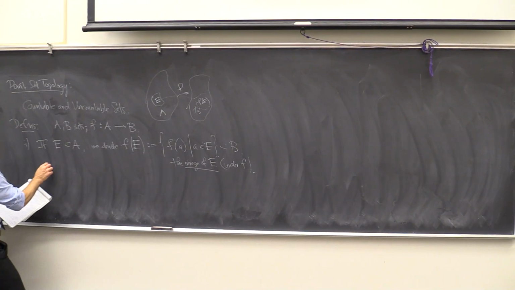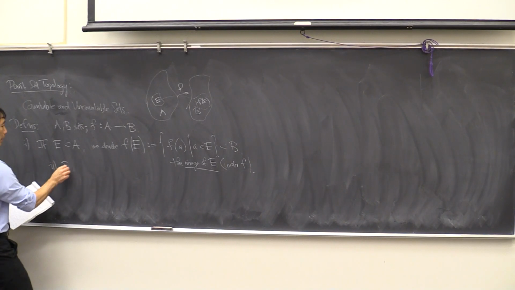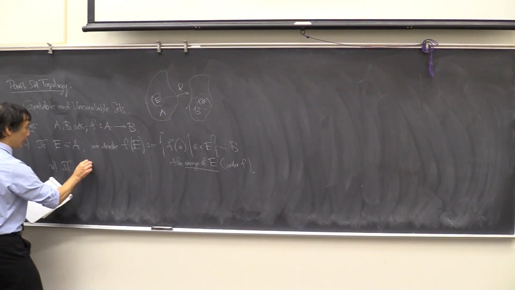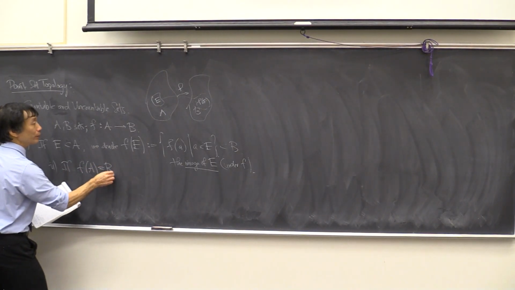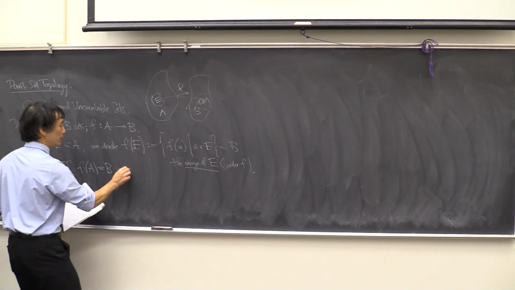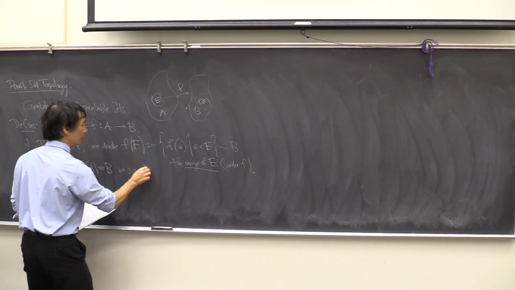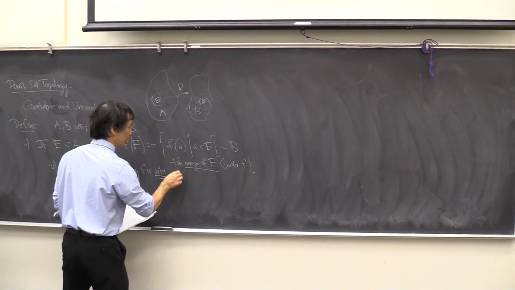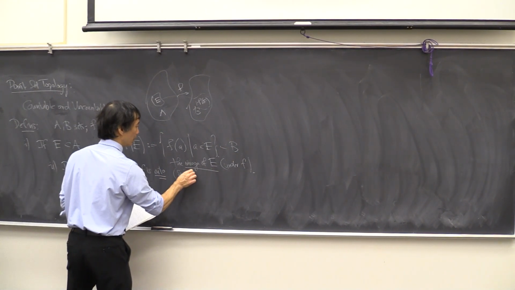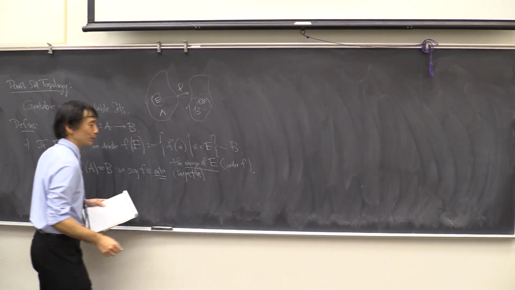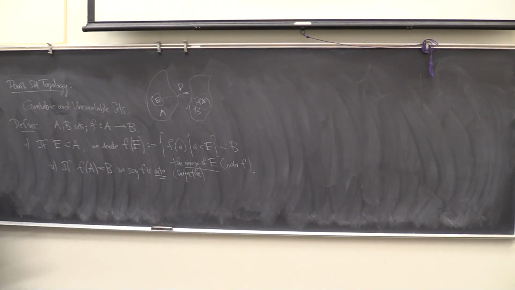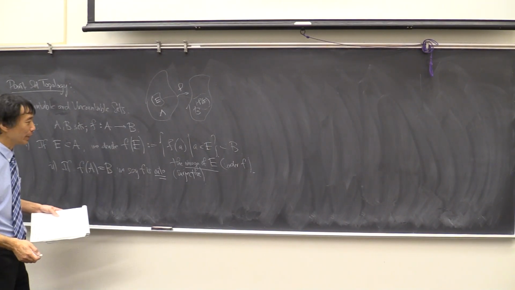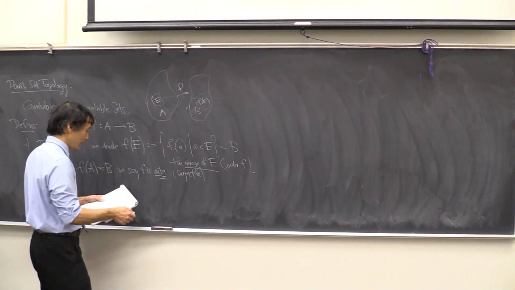Related to that, if f of A covers all of B, we say f is onto, or surjective, if you want to use the French word, the Bourbaki word.